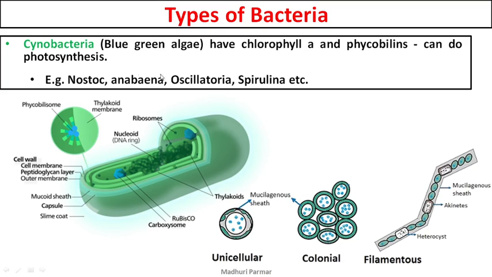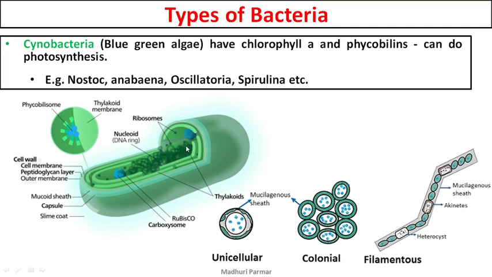Examples are Nostoc, Anabaena, Oscillatoria, Spirulina. I'm very sure you have heard of these names. So this is how a cyanobacteria looks. It is like a normal bacteria, but apart from the DNA and ribosomes, you have some structures called thylakoids.